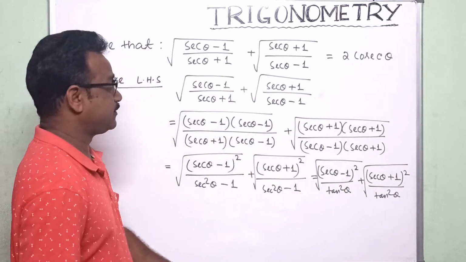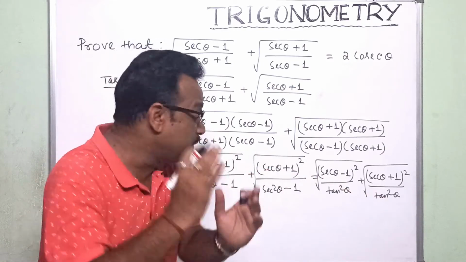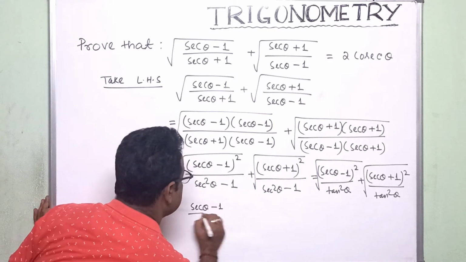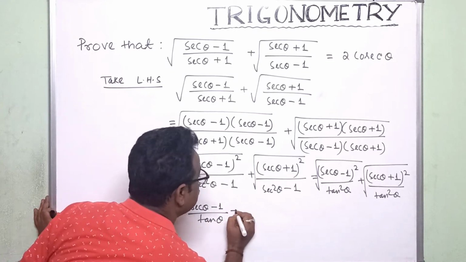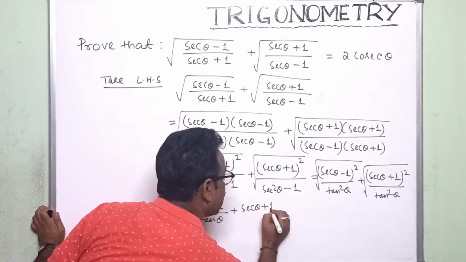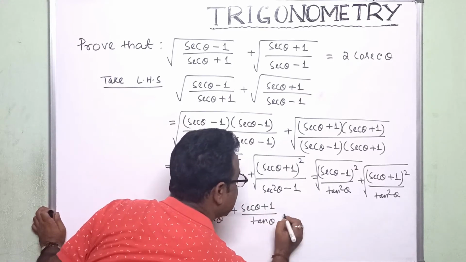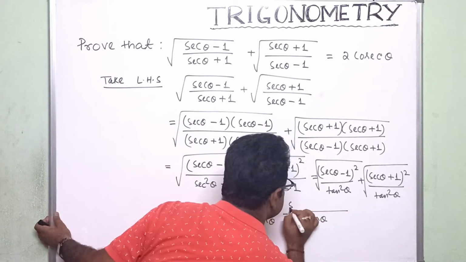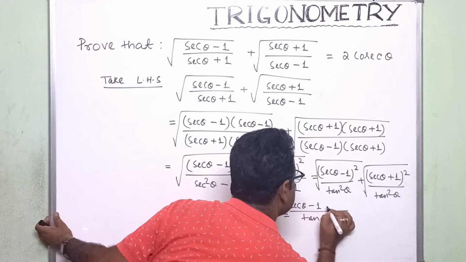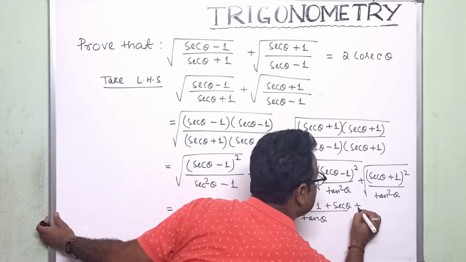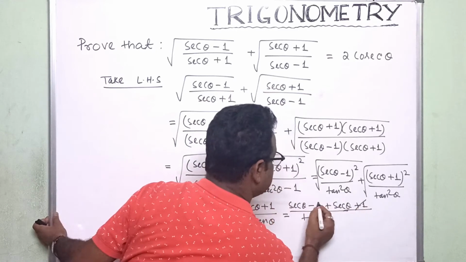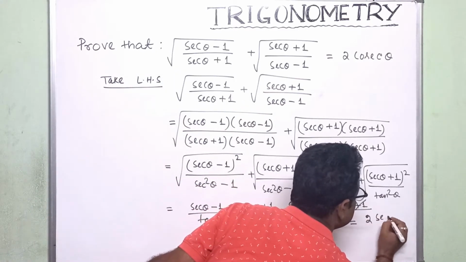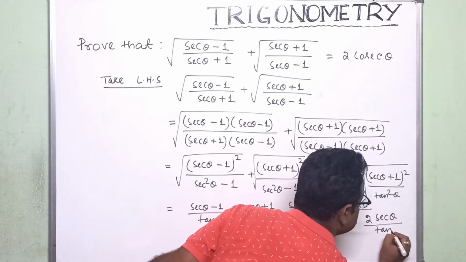Now root over is there and square is there, we will omit it. So that is equal to sec theta minus 1 by tan theta plus sec theta plus 1 by tan theta. Taking LCM tan theta: sec theta minus 1 plus sec theta plus 1. So plus 1 minus 1 cancel. That is equal to 2 sec theta by tan theta.